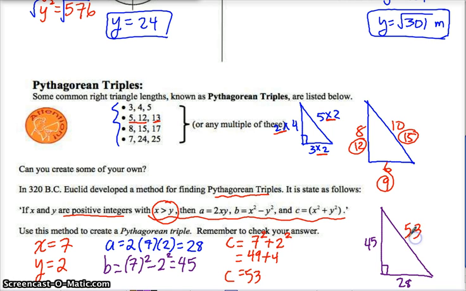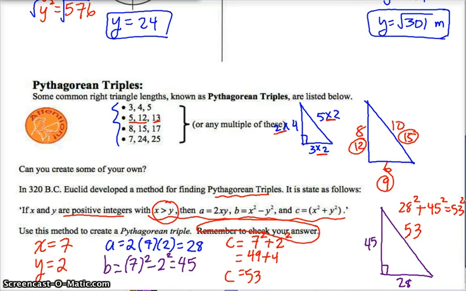So now let's check it on our calculator. I don't know if that works, or did I make an error? So we should be able to check: is 28 squared plus 45 squared equal to 53 squared? This is where the Pythagorean biconditional comes into play, because if that is true, then this triangle that I created is a right triangle.